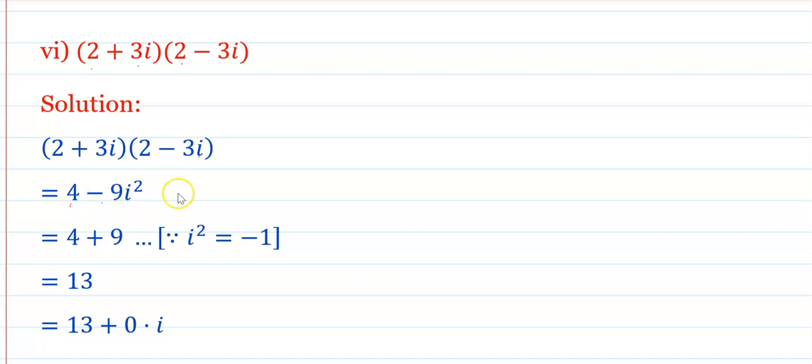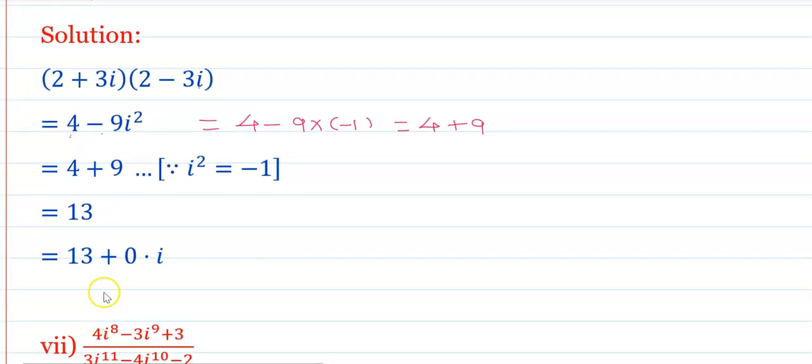Minus 9 into minus 1, that is a plus 9. Okay, I will write here one more step. 4 minus 9 in bracket minus 1. This will become plus. That is 4 plus 9, that is 13. Therefore, this 13 can be written as 13 plus 0 into i.